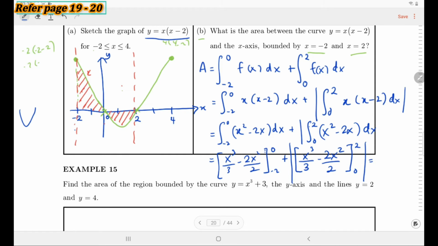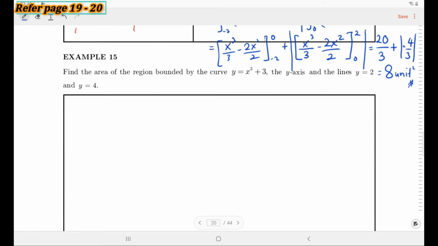This equals, straight away, 20 over 3 for the left part, plus the modulus one, which gives negative 4 over 3. You try them out, guys. So the final answer will be 8, since this is area, so 8 units squared.